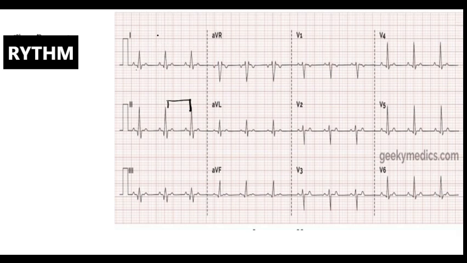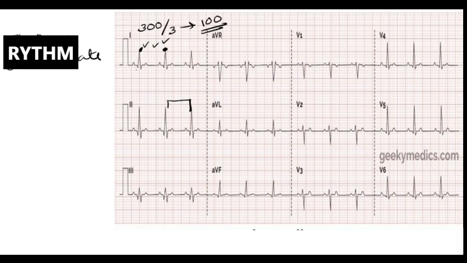After checking the rhythm, our next task is to calculate the heart rate. To find the heart rate, you divide 300 by the number of large boxes between the R waves. Here you can see it is almost 3 boxes, so the heart rate is 100.